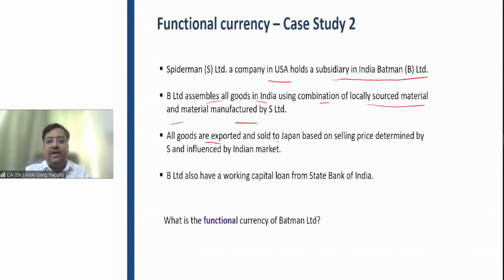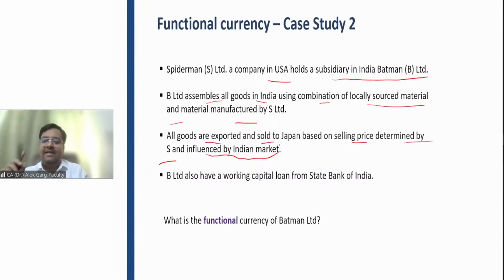All goods are exported and sold to Japan. However, entire goods are exported and sold to Japan based on selling price determined by S, which is USA, and influenced by Indian market. So whatever Batman is selling, the entire sale is into Japan, means Japanese yen.